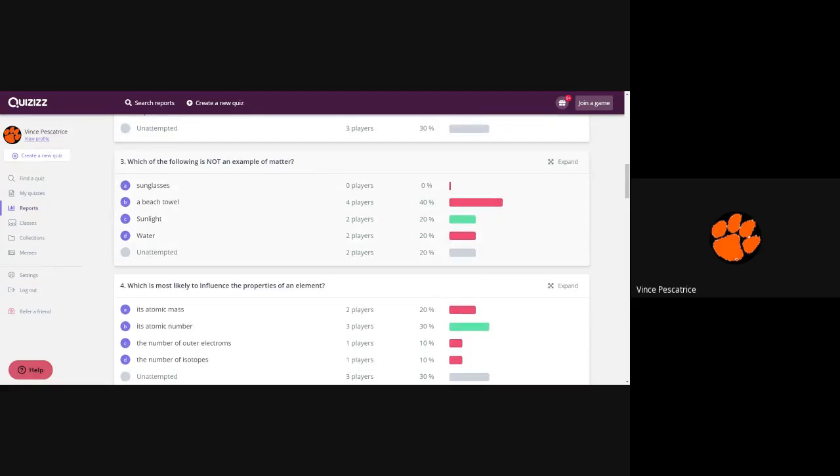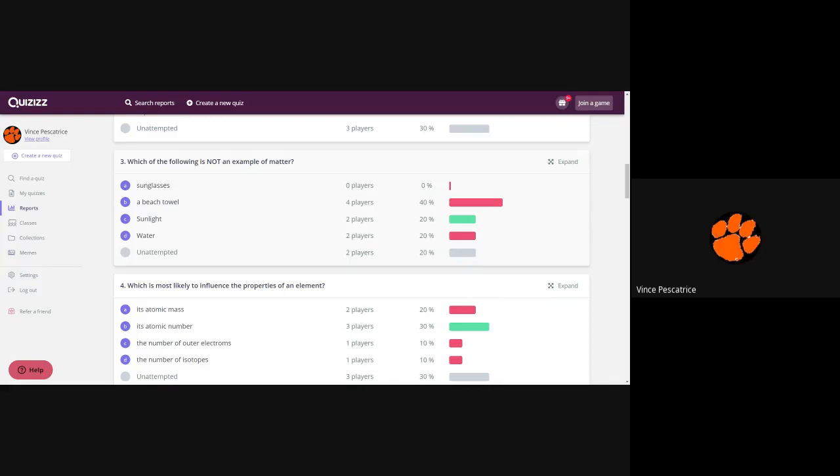Which is the example of not matter? Remember, matter is anything that has mass and takes up space. Sunglasses have mass and take up space. So does a beach towel. Sunlight does not. Water has mass and takes up space. Everything else has mass, which means it takes up space and has a weight you can measure.